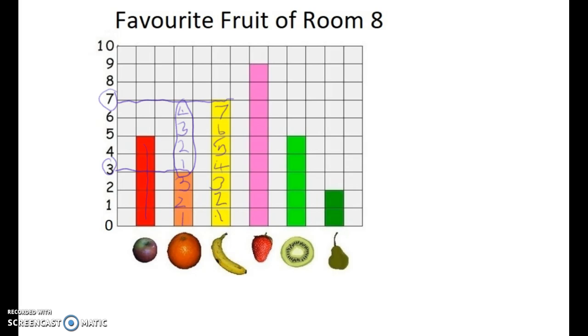So I can work out that 4 more people chose bananas than oranges, and 4 less people chose oranges than bananas. The other way you can work out this difference, and perhaps the quicker way, is using a subtraction equation.